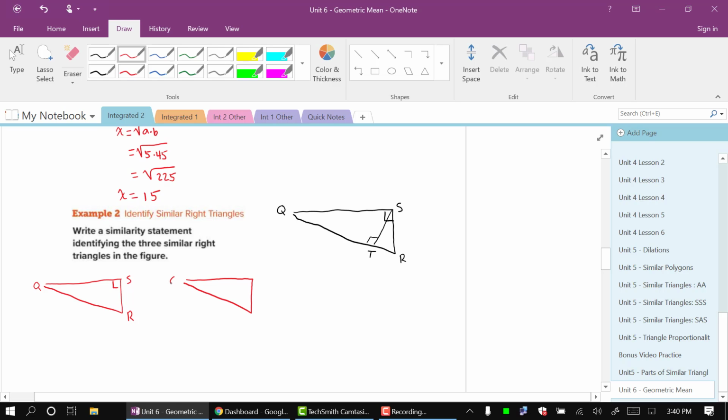is Q, T, and S. But because we have that this is a right triangle, this side over here is also going to be a right. So that means STR.